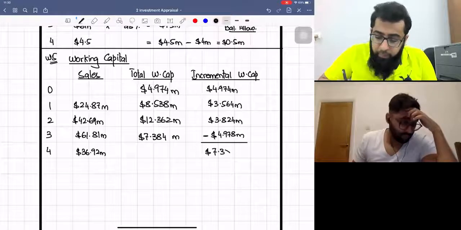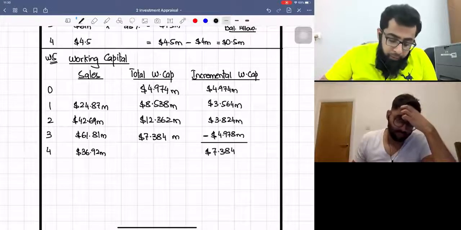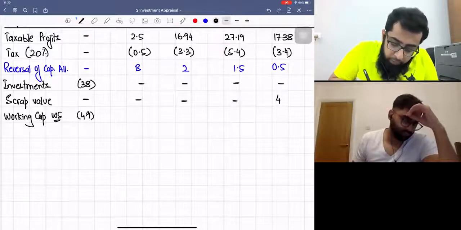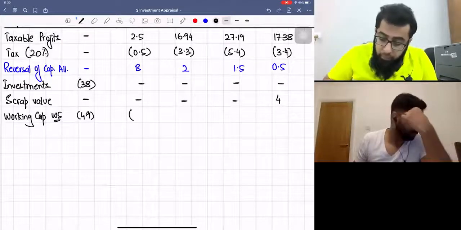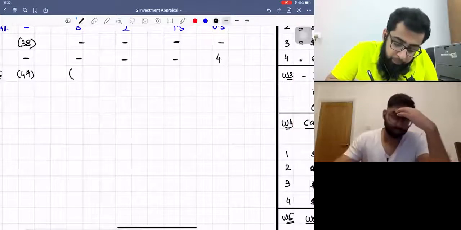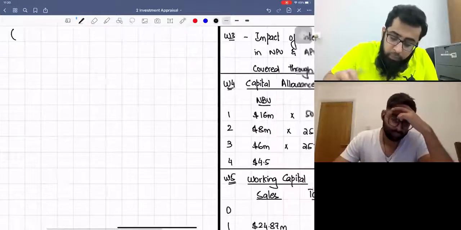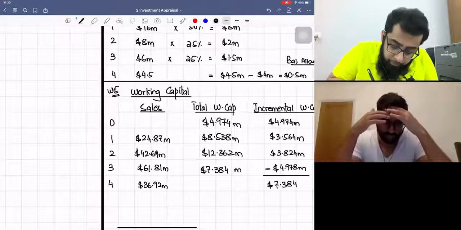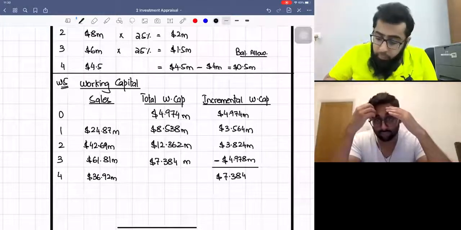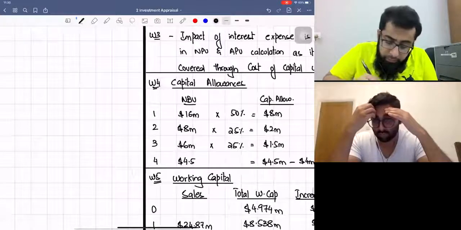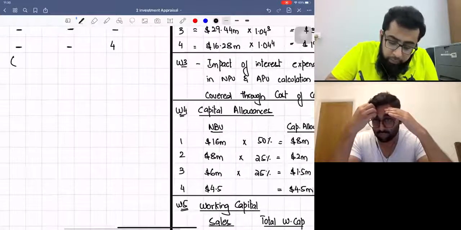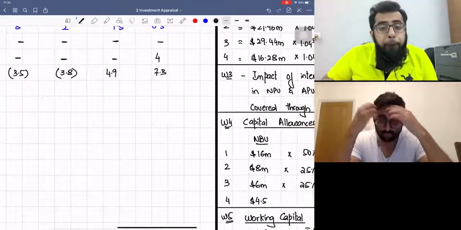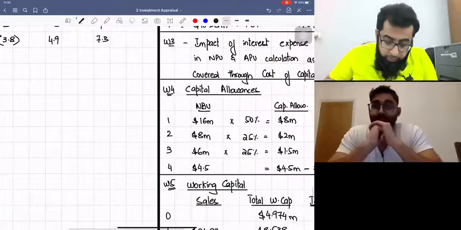So 4.9 is the initial working capital investment. Then we need 3.5, then we need 3.8. Then we will take out 4.9, and then we will take out 7.3. I hope that you are understanding it.